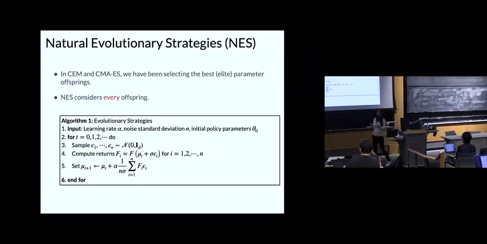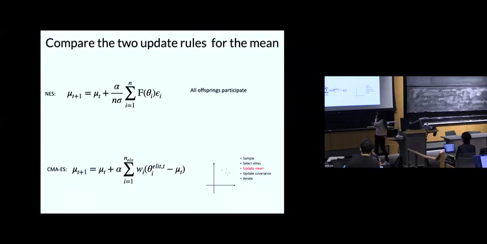If you have low fitness, you contribute little. So we don't have a hard thresholding. This is not a big difference, but to put everything next to one another: in both cases we have some update of that mean vector. Here we have a weighted sum over all the offspring; there we have hard thresholding, using only the elites. That's the only difference.